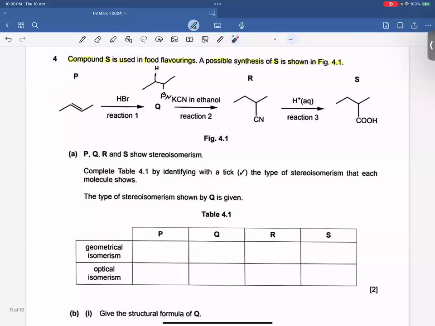When Q is treated with potassium cyanide in ethanol, which will serve as a solvent, under heat or reflux conditions, obviously in place of bromine, we can add cyanide. That's a nucleophilic substitution reaction, guys. In short, we can write SN reaction. Now, when the nitrile is acid hydrolyzed, this CN is directly converted into COOH.